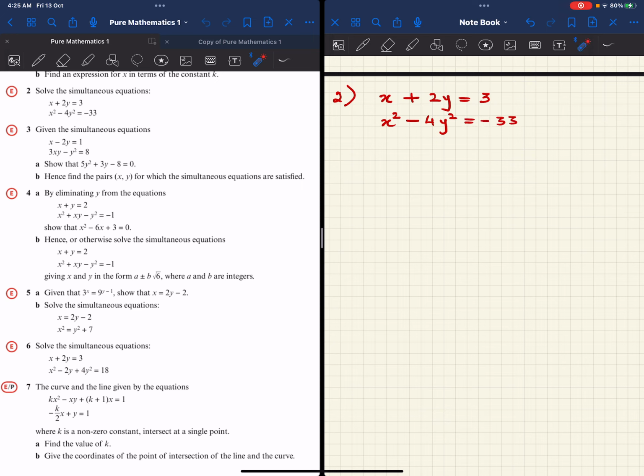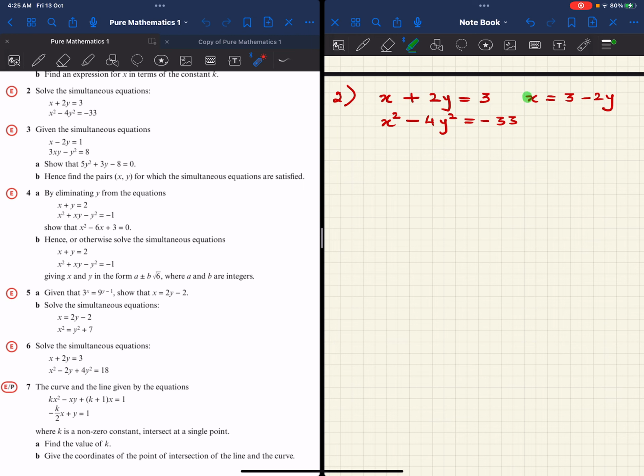When we have a linear equation and a quadratic equation, we make any one of the variables from the linear equation the subject and plug it into the quadratic equation. So let's make x the subject of the formula here. x is equal to 3 minus 2y.